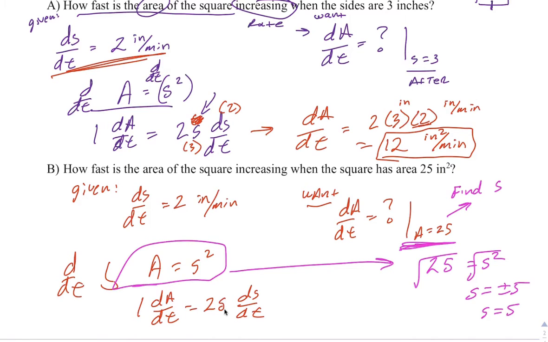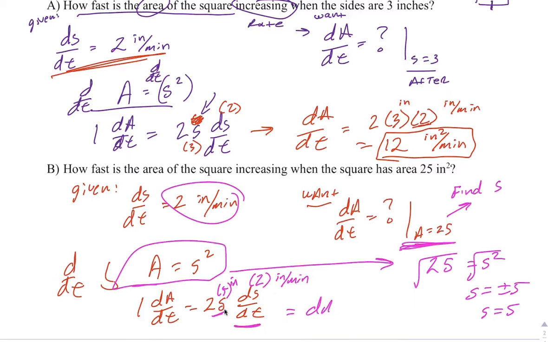So now we can plug our stuff in. We have s, which is 5 inches, I just found out. We have ds/dt, which they gave us up here, 2 inches per minute. So I plug that all in.